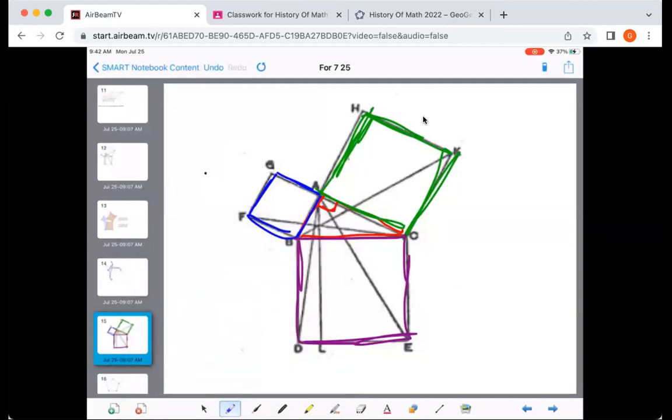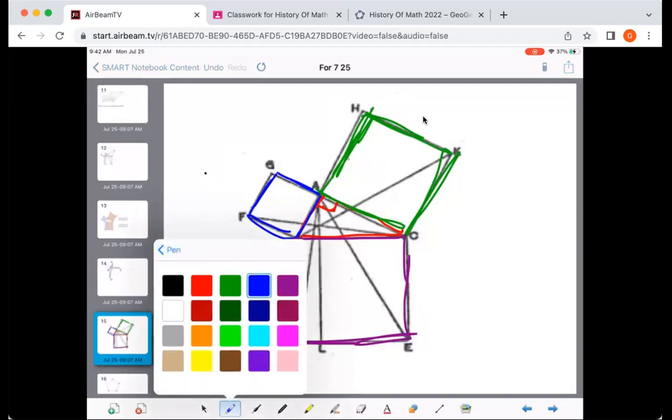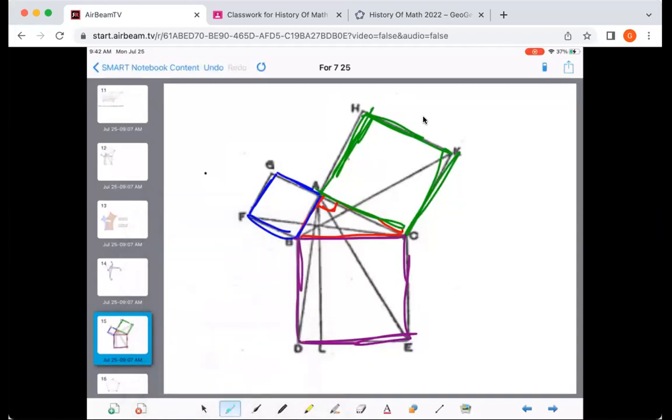There's also 5 extra lines drawn in that are a little bit mysterious. There's a line here. That's the altitude drawn from the right angle to the hypotenuse. So this is a right angle, and it actually continues all the way down.